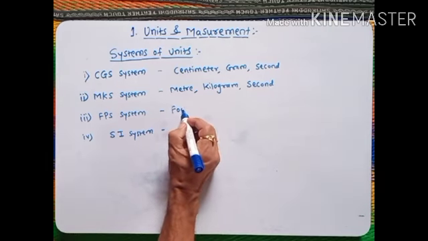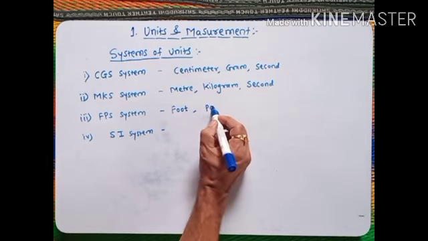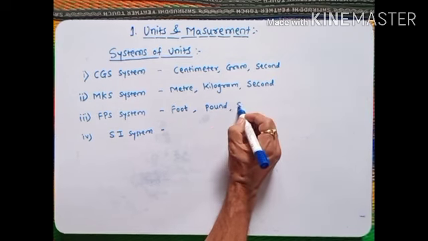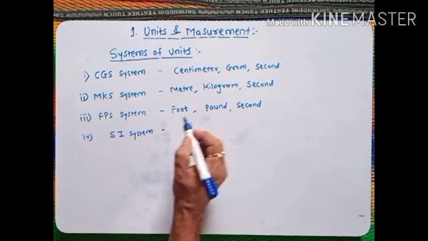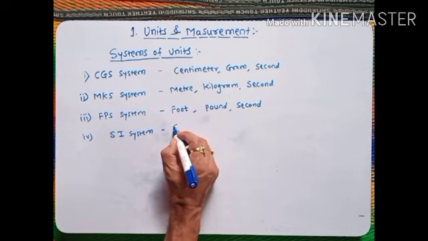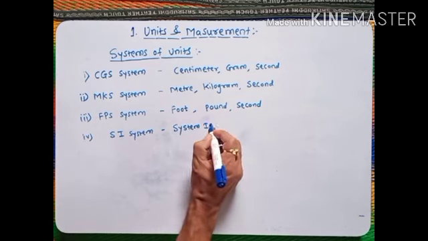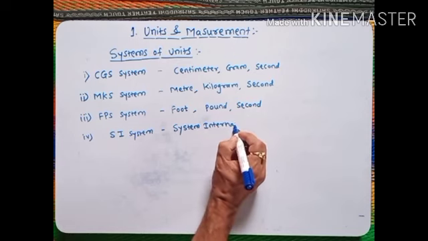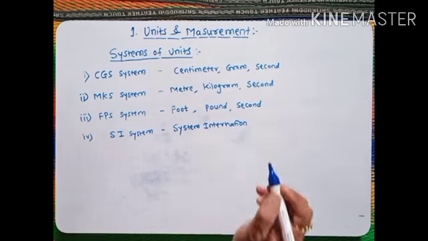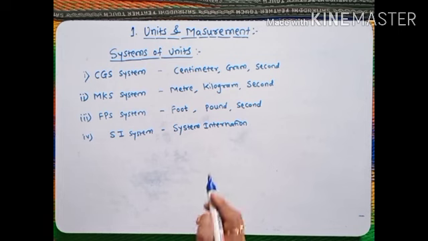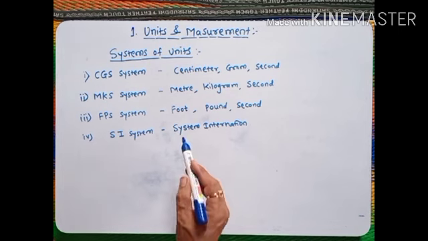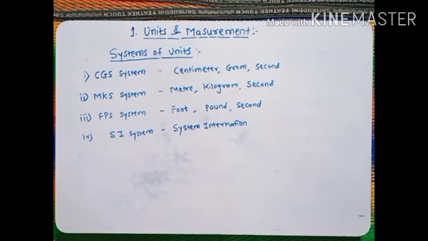FPS, foot, pound, second. And SI, the long form is System International. That is the internationally accepted system, which is very near to the MKS system. These are all the systems of units.